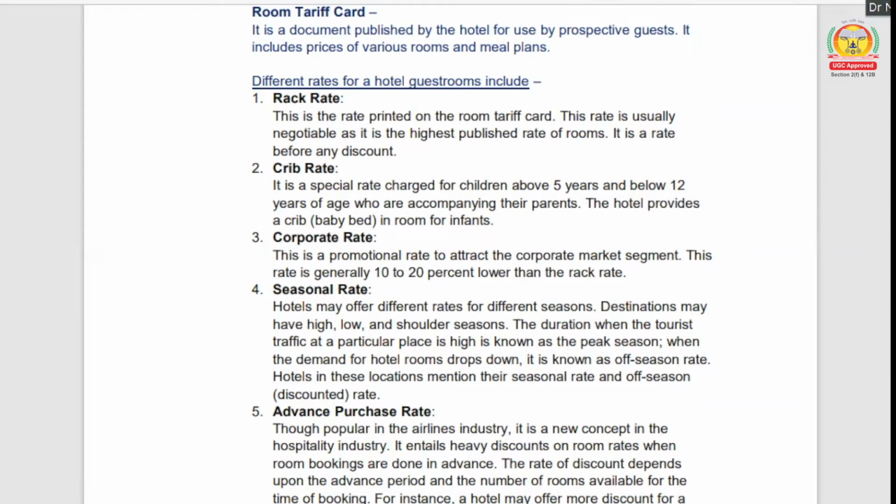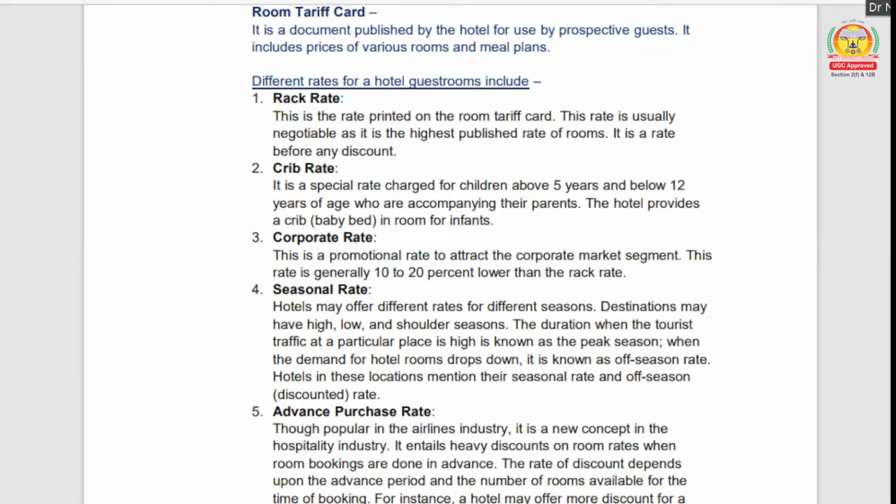Second important rate is crib rate. Crib, you all must be knowing. Crib means children, a special rate for children. It's a special rate charged for children above 5 years and below 12 years of age who are accompanying their parents. So parents are going to check in with a child above 5 years and below 12 years.